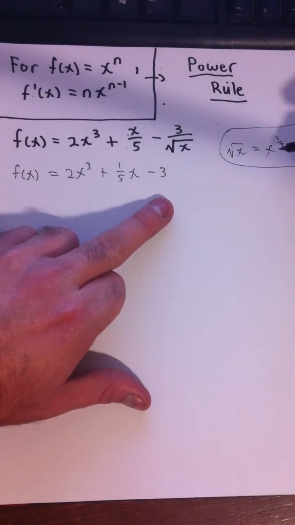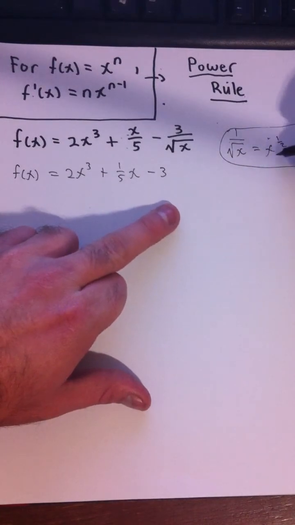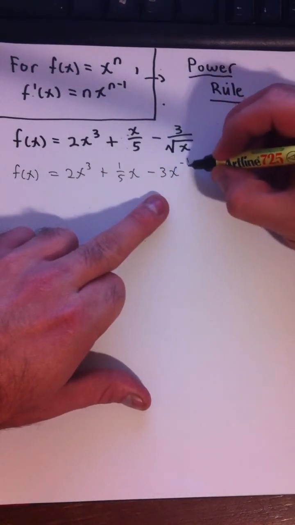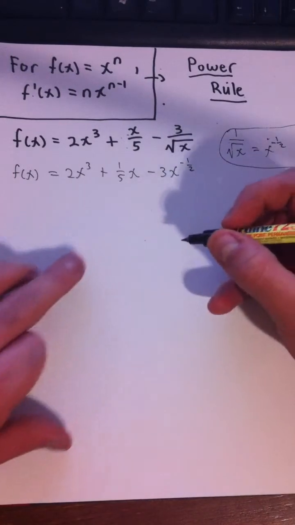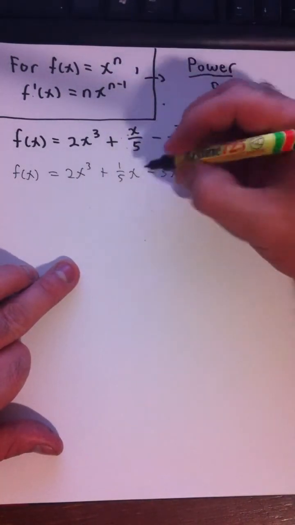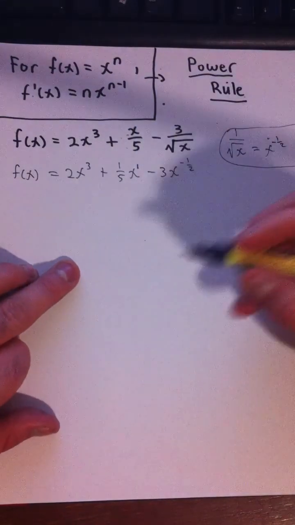So how do we do that? If this was 1 over x, then this will just become x to the power negative a half. Okay, so it's minus 3 times x to the power negative a half. And now we've got everything in the form of that at the top. So we can just say that's a 1.